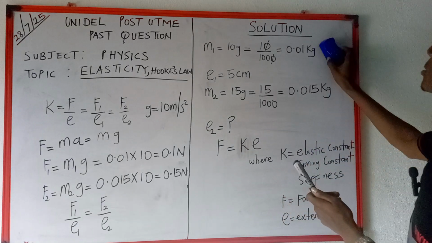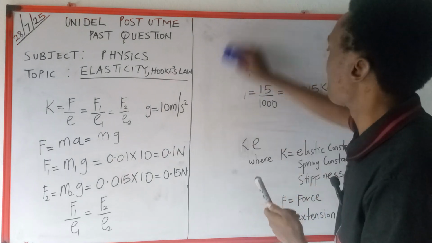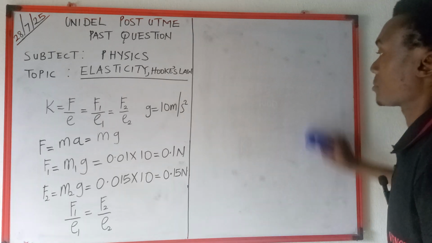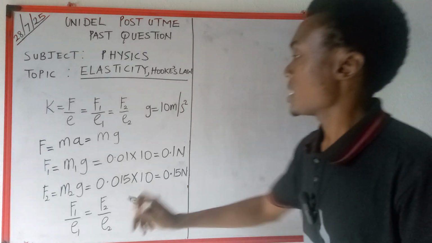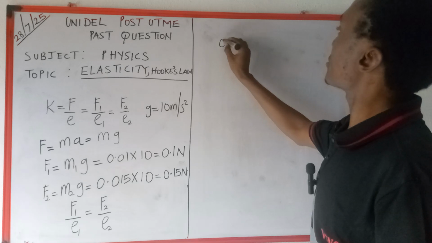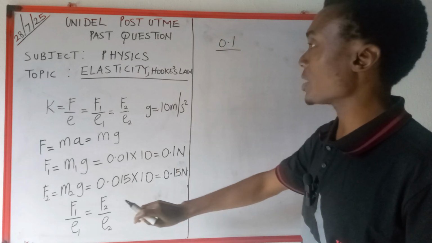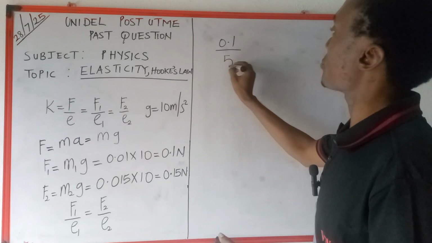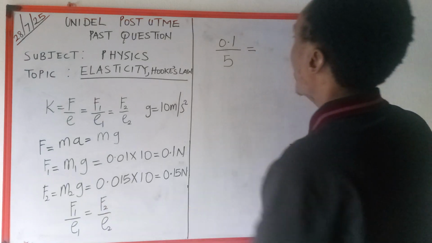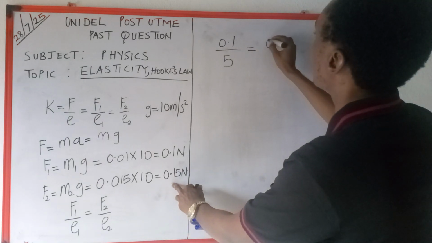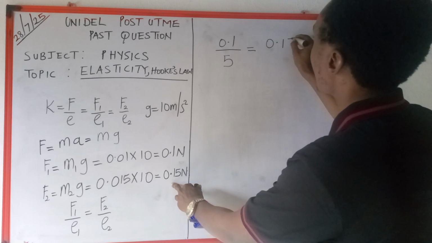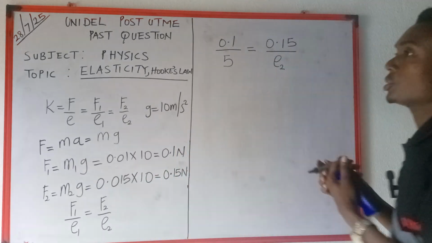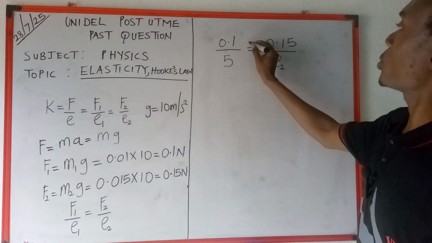Let's explain. Remember, F1 is 0.1, and our E1 was initially given as 5. Our F2 we have set to be 0.15, over E2, which is unknown. When you get to this part, cross multiply.